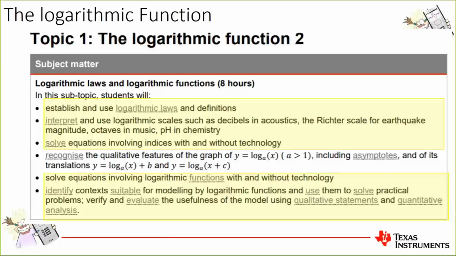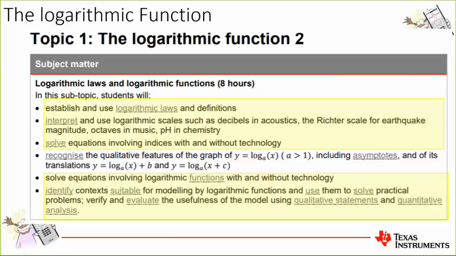We're going to then look at a question that uses logarithms and applies them. It actually states here to interpret and use logarithmic scales such as decibels in acoustics, the Richter scale for earthquake magnitude, octaves in music, and pH in chemistry. I'm just going to look at one question today that is an application one.